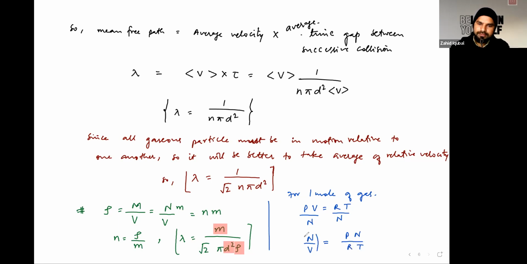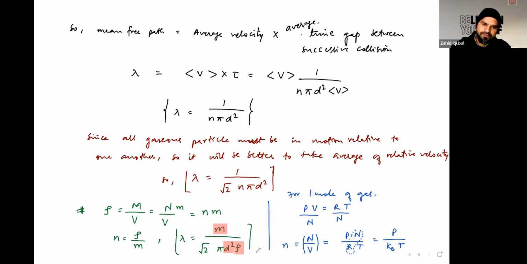This is called number density. This particular quantity is called the Boltzmann constant. So we may write it as pressure divided by Boltzmann constant times T.